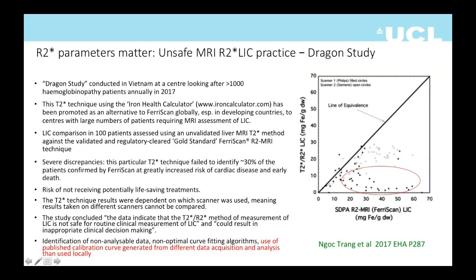They were, by Ferriscan, classed as severe patients between 15 and over 40 milligrams per gram dry weight, which on the T2 star method were either classed as normal or mild. And so obviously these patients were denied an increase in their chelation.